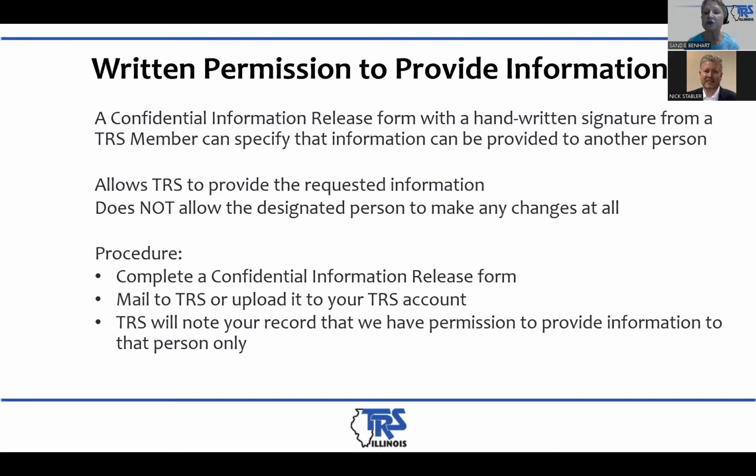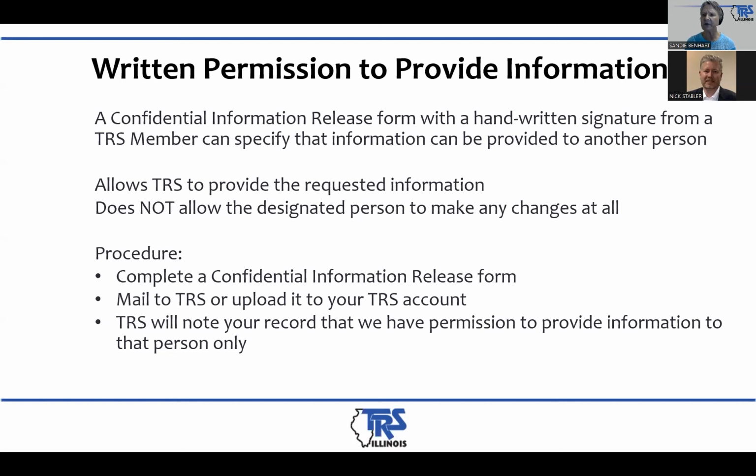So the procedure to do this would be to complete what we call a confidential information release form. You could either mail that back to TRS, or you could upload it to your TRS account. That is probably the easiest way to do it. That is secure. And in the category on your TRS account, you would look for upload documents.